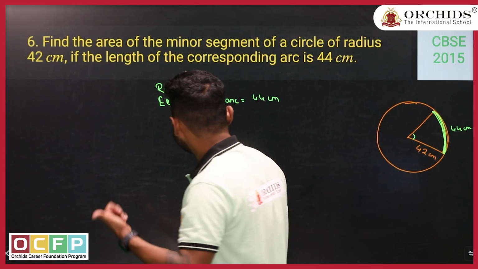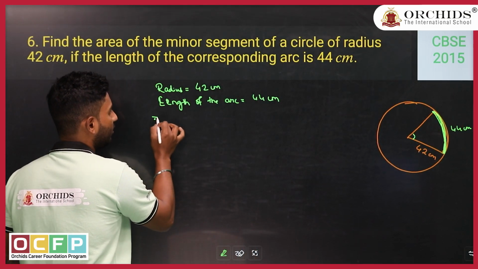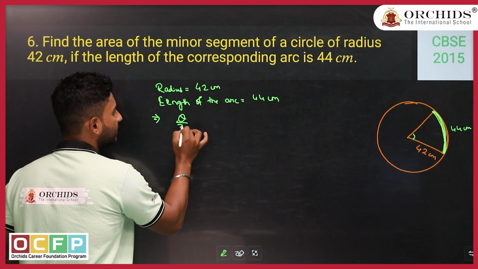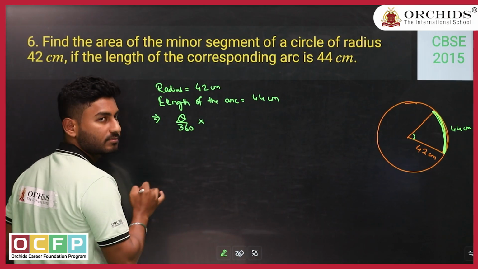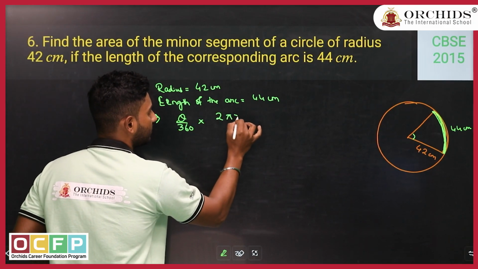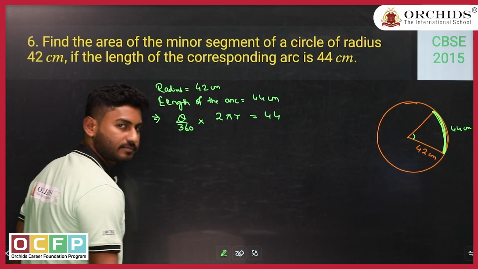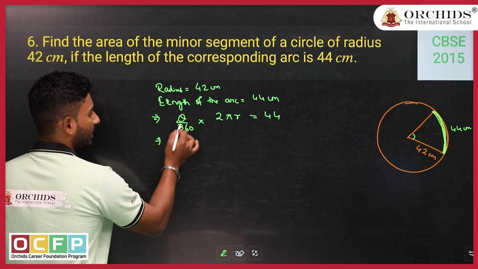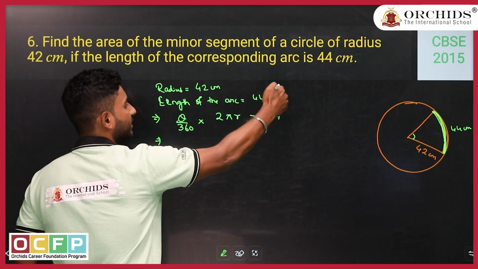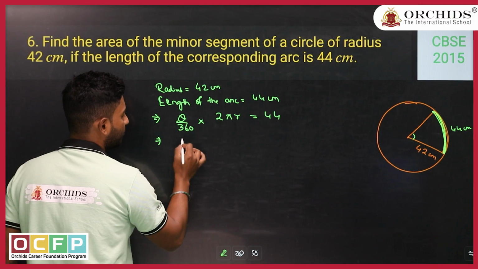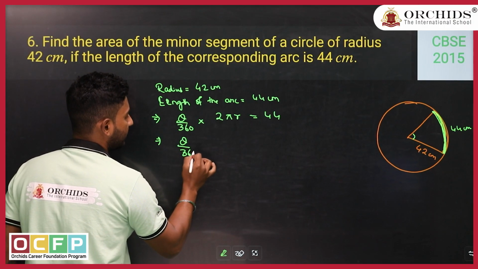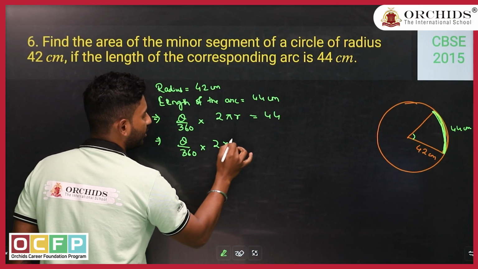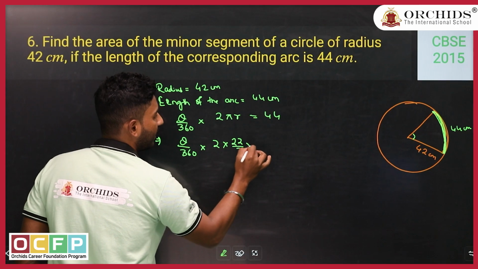How? We have that formula. What is the length of an arc? Theta by 360 into 2 pi r equal to 44. Before that, just put the values: theta by 360 into 2 into 22 by 7 into r.